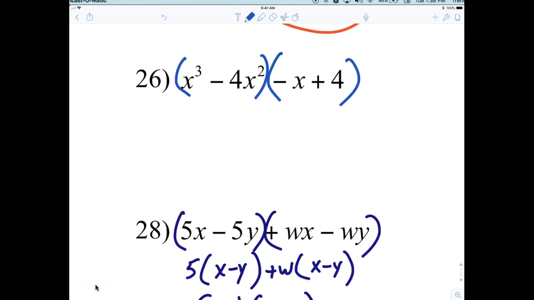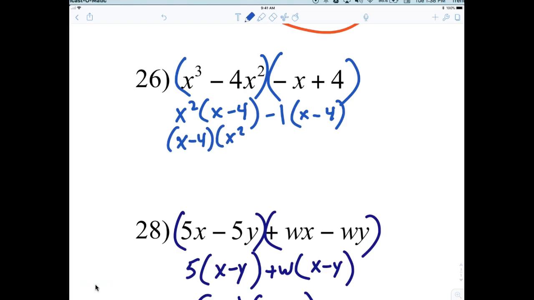Right now, you're factoring out an x squared. You're left with x minus 4. Factor out a -1. The signs change when you factor out a negative. Now what's common? An x minus 4. So I pull out the x minus 4, and x squared minus 1 is left behind.